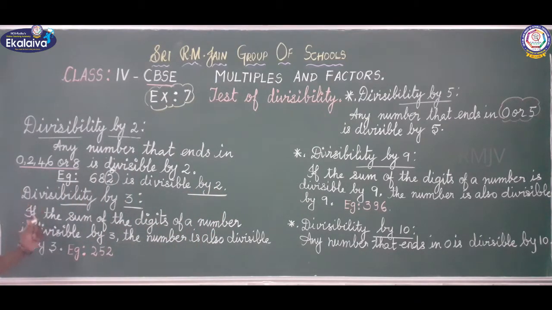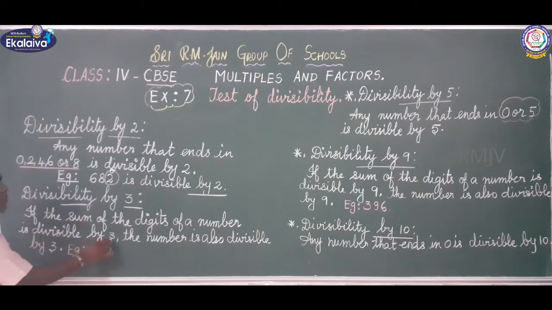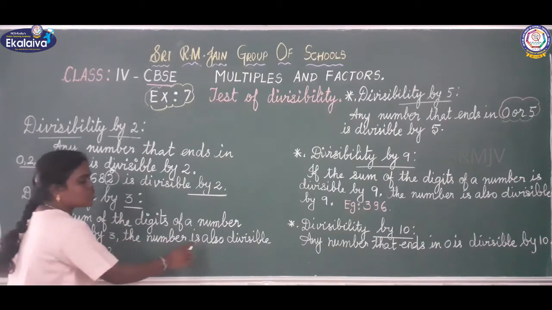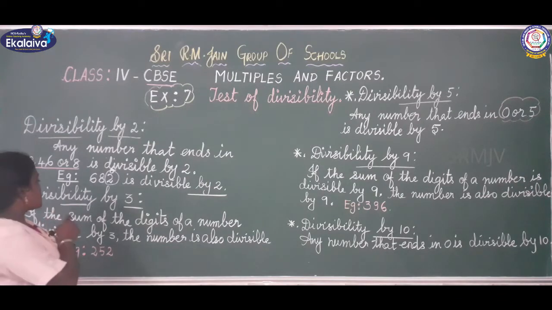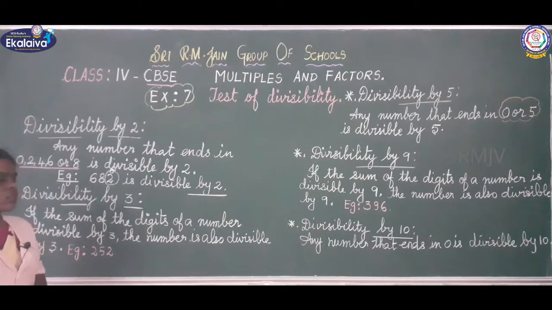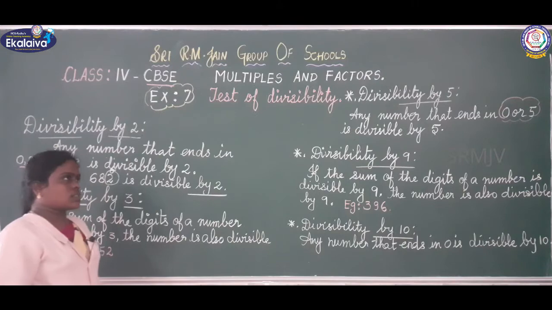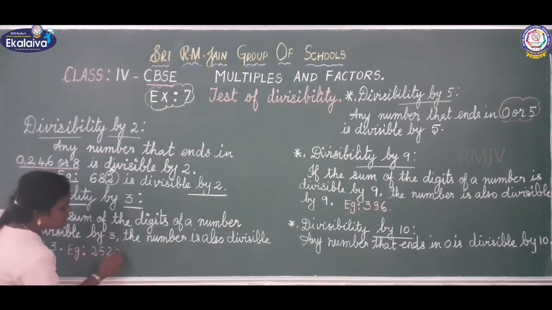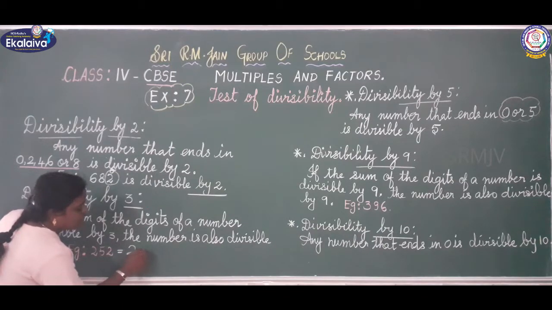Next, divisibility by 3. If the sum of the digits of a number is divisible by 3, the number is also divisible by 3. Children, when you are checking the divisibility by 3, you have to do one important thing, that is, you should find out the sum of the given digits. To find out the sum of the digits, you just add the given digits. Here the example is 252.